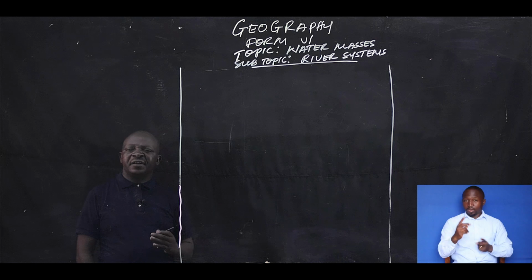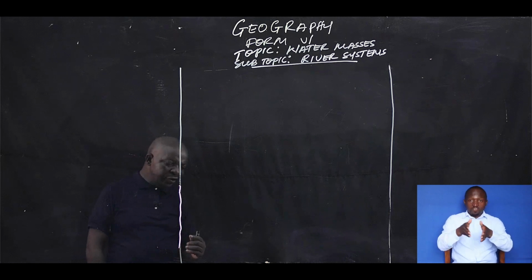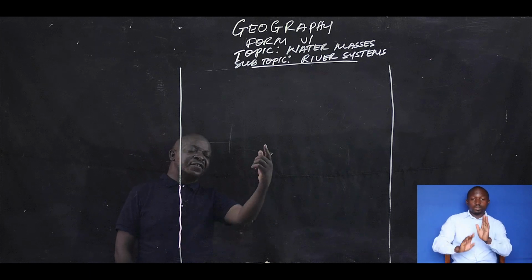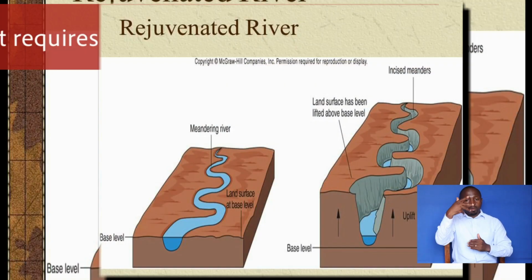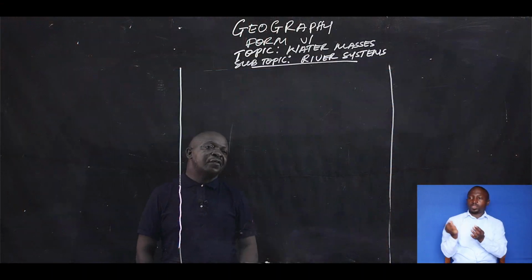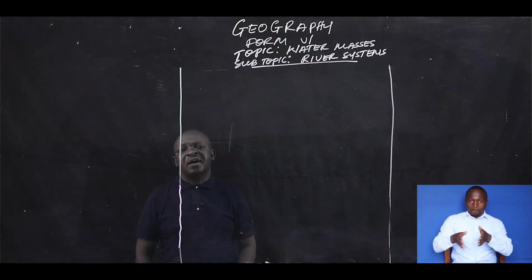We have already seen river rejuvenation occurs as water flow gradient changes. Now, what makes the water flow gradient change? Of course, earth movements, or sometimes we say tectonic activities. Therefore, tectonic activities are recognized as one of the factors influencing river rejuvenation.